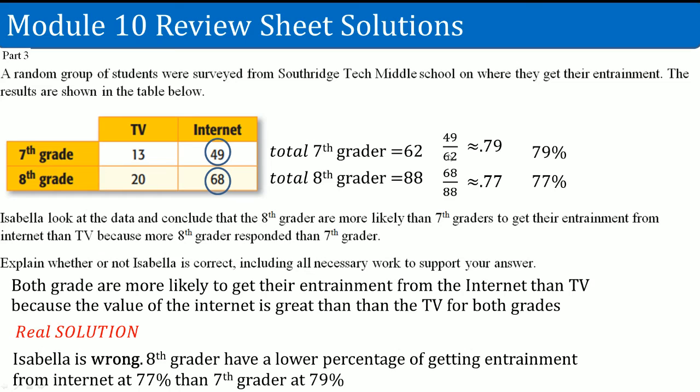That's why they're divided by different values. Okay, so this is the correct answer. Isabella's wrong because the 7th graders are more likely to prefer their entertainment from the internet than TV because they have a higher percentage of their grade level.